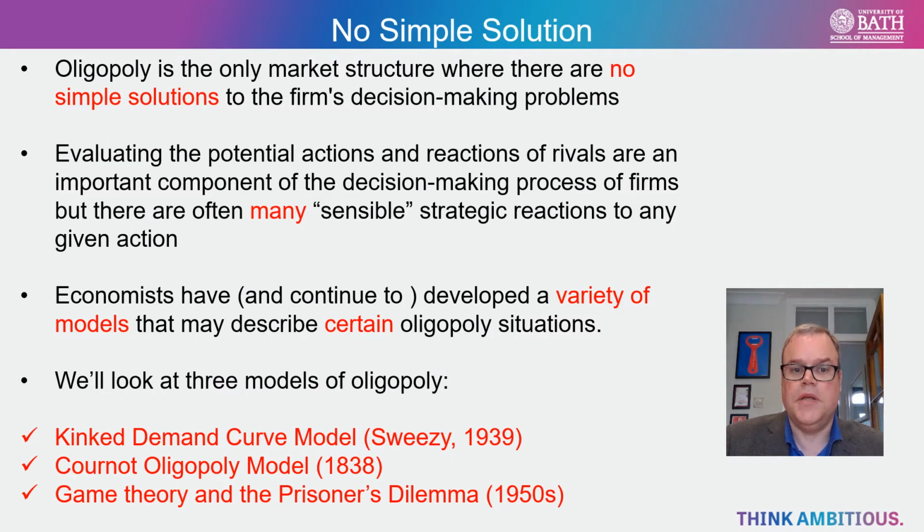Industrial economists have, however, developed and continue to develop a variety of models that may describe certain oligopoly situations. As mentioned earlier, we will look at three basic models of oligopoly. We will start by looking at the kinked demand curve model associated with Paul Sweezy. We will then move on to Cournot's oligopoly model, and finally, we'll have a brief introduction to game theory and the prisoner's dilemma.